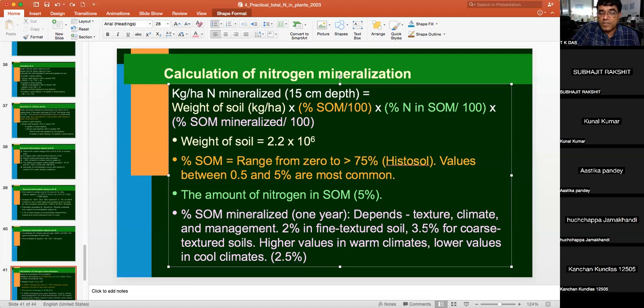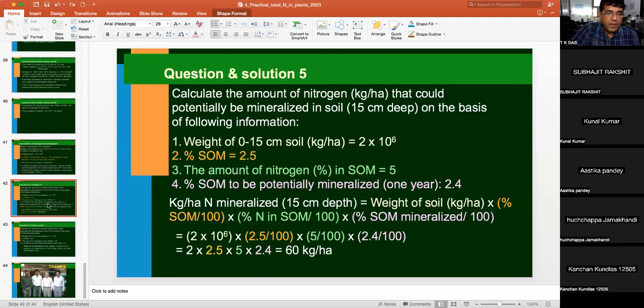So in coarse texture soil, the decomposition rate is faster, so here 3.5% may be broken down, with higher values in warm climates, lower values in cold climates. So these values vary, but generally average is 2%. Now you can solve this problem.